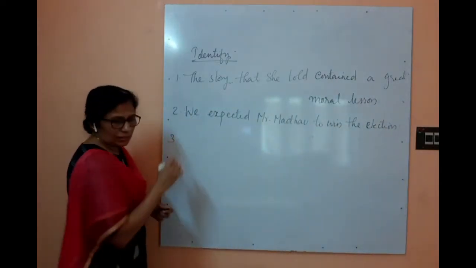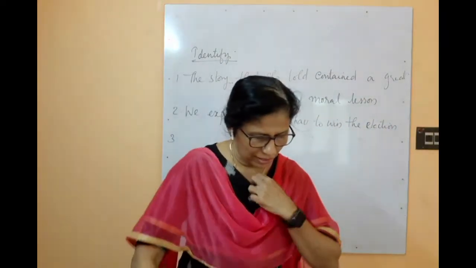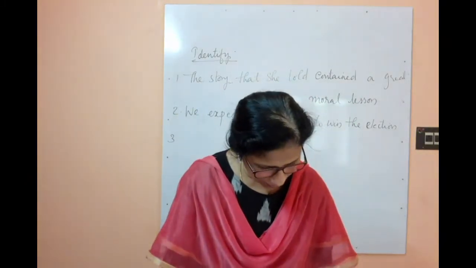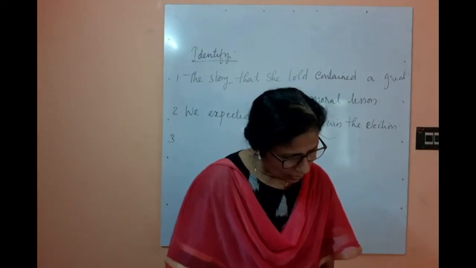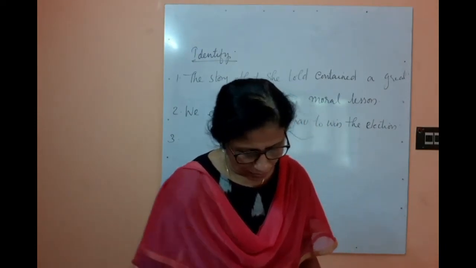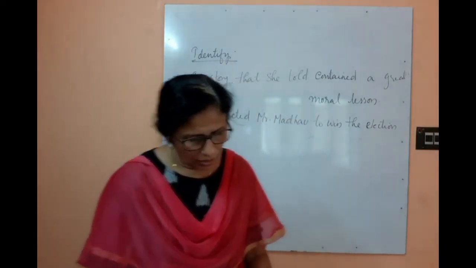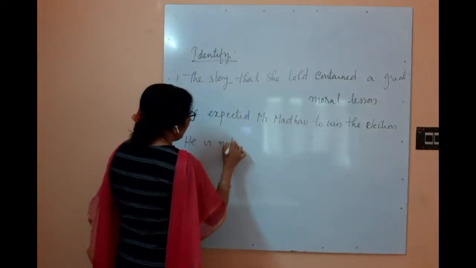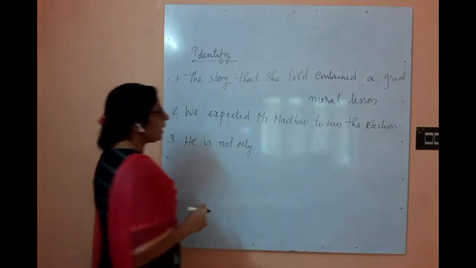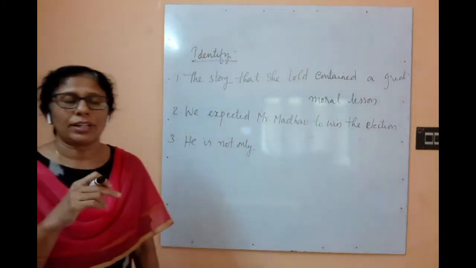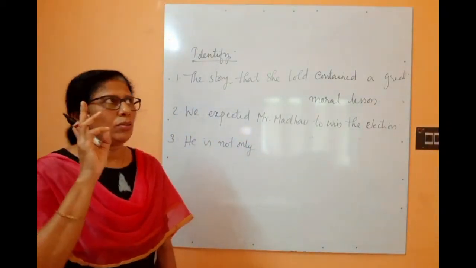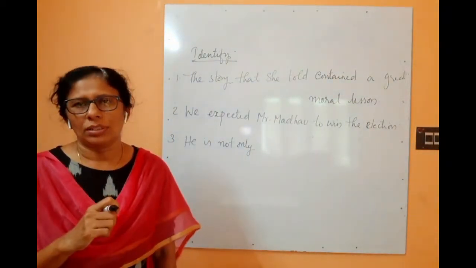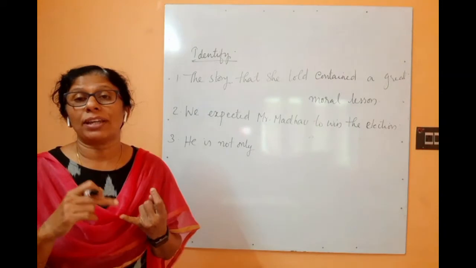Okay, next, third one. So try to find out what kind of sentence this is. See, another easy way for you to find out is that if it is simple, it is not possible, but for complex and compound, it's easy for you by identifying the conjunction.